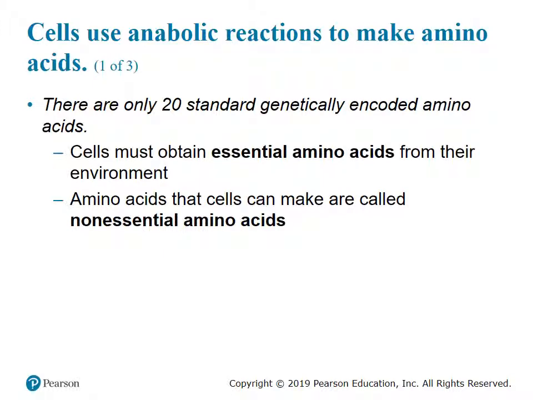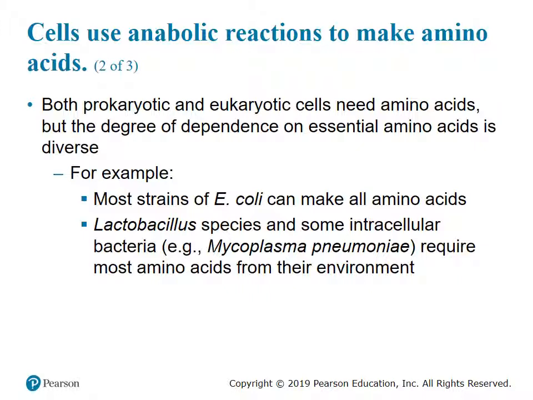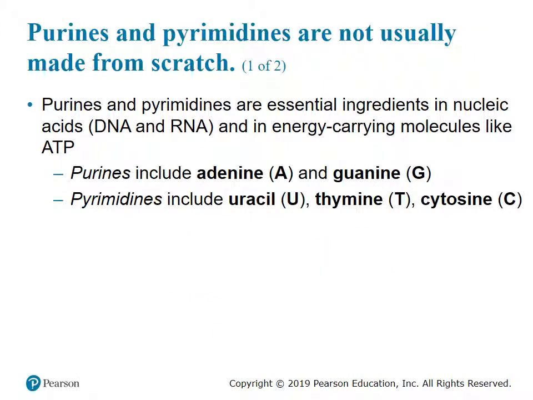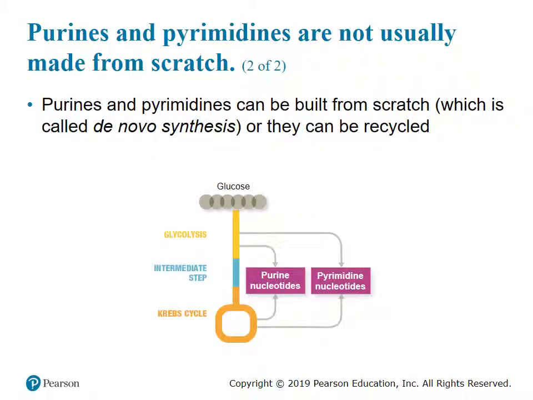And again, there are essential amino acids. There's actually 20 essential amino acids. And actually we can take amino acids and build those up also. If the organism needs it, it can use any of those steps to build amino acids. And in fact, we can build up and make nucleic acids if we need to. And again, look at the same process here.